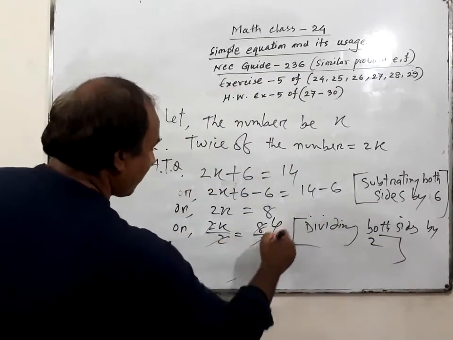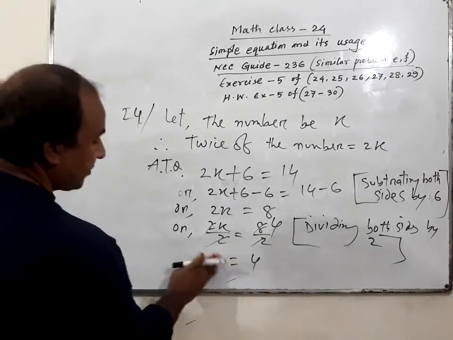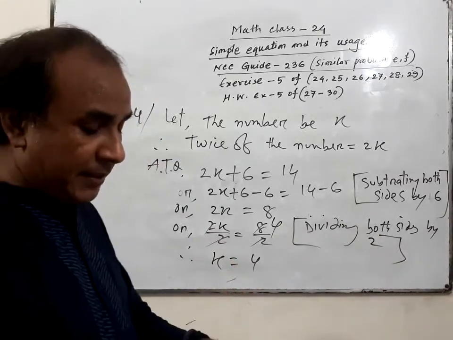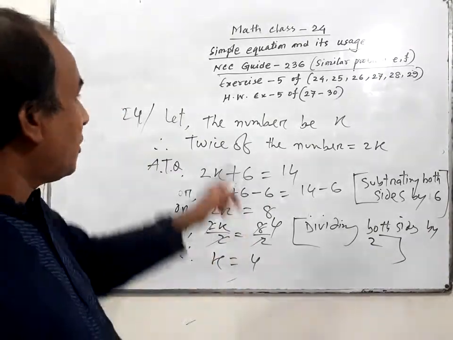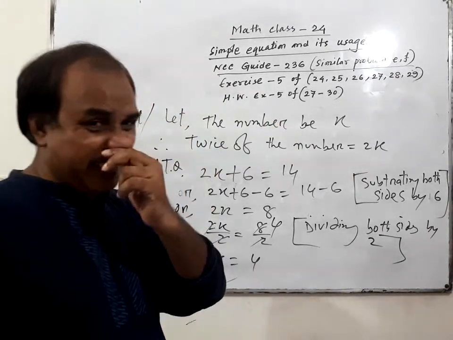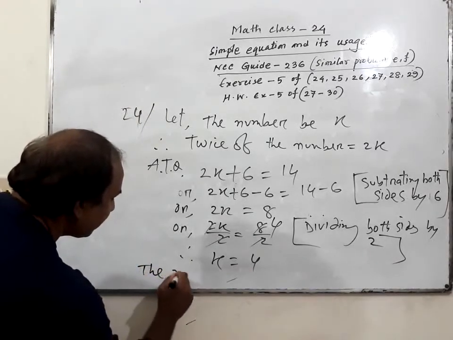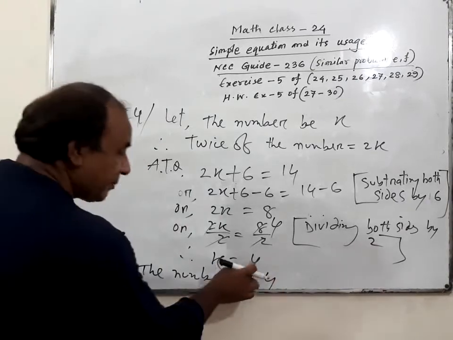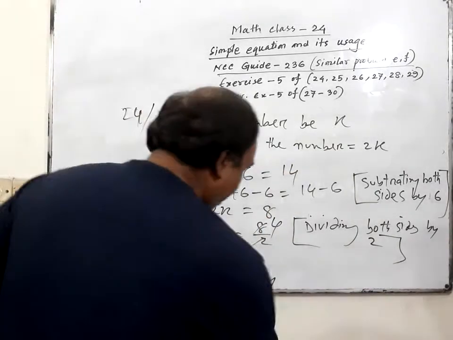So 8 divided by 2 is 4, so x is equal to 4. X was not given in our math, we have taken x, let the number be x. So the number is 4. X means 4. The result is 4. Okay?